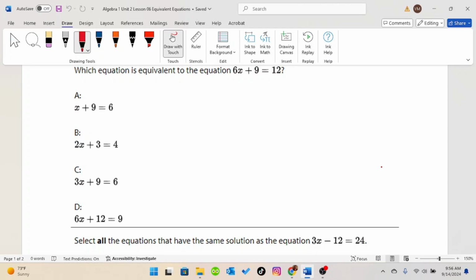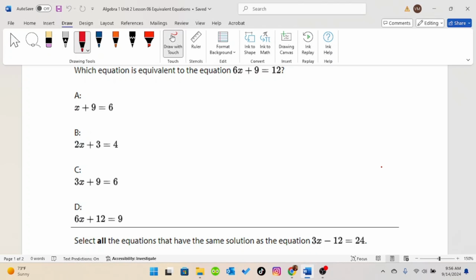An equation is stating that the left side is the same as the right side. In order for an equation to be equivalent, you would need to do the same thing to both sides of the equation so that it remained equivalent. This would cause it to have the same solutions.